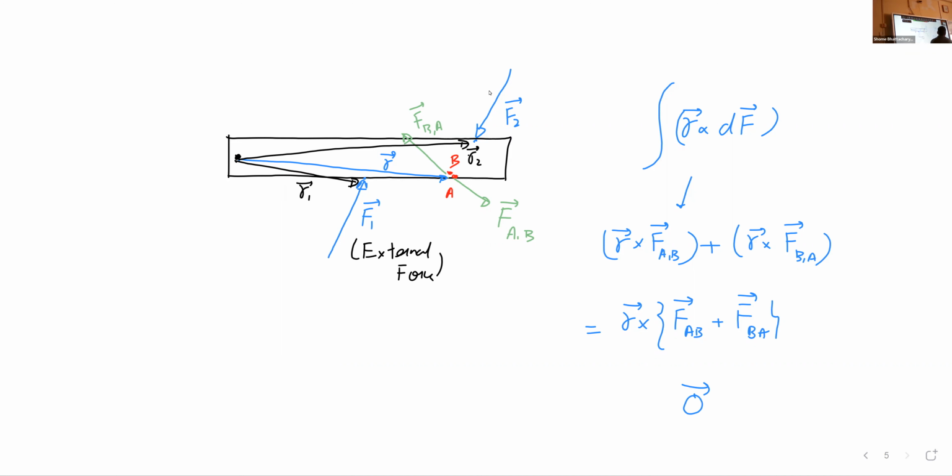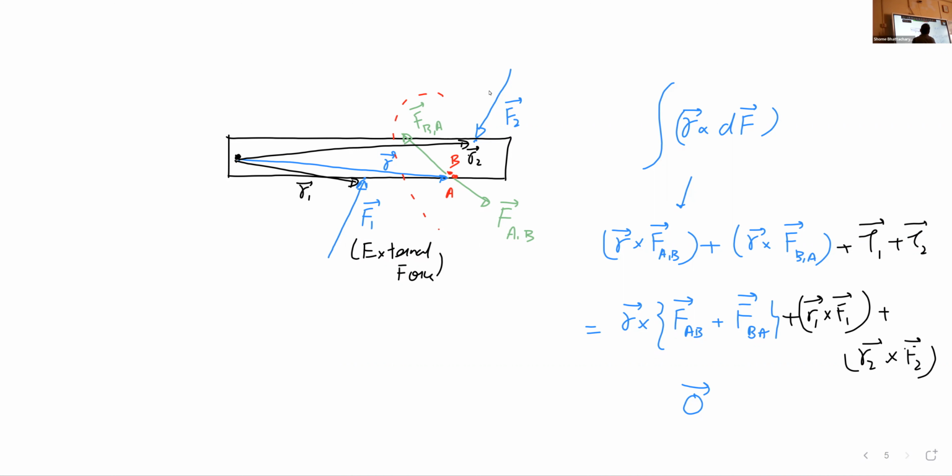The contributions from these two will be, let's say, tau 1 and tau 2. So this is how I can understand that the contribution to net torque due to internal forces is 0.